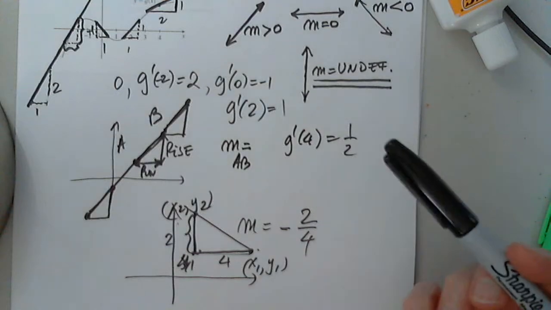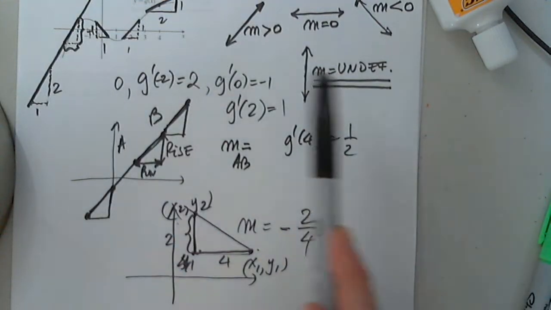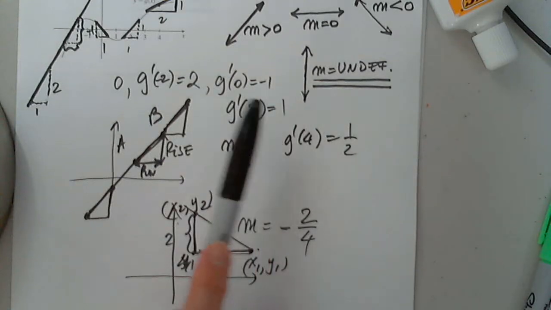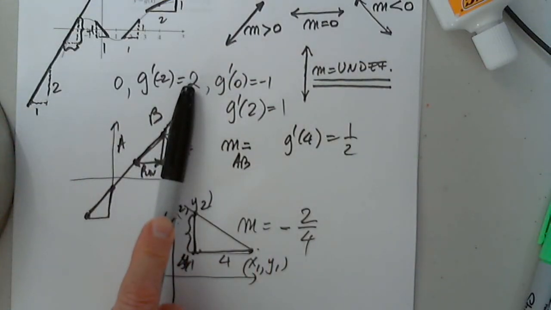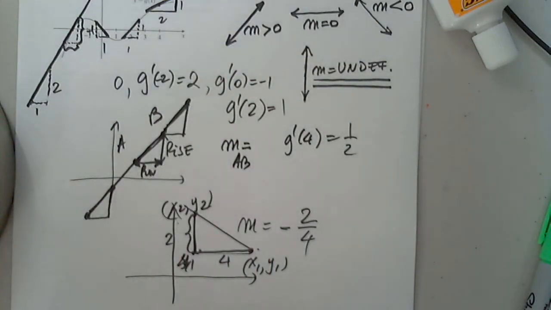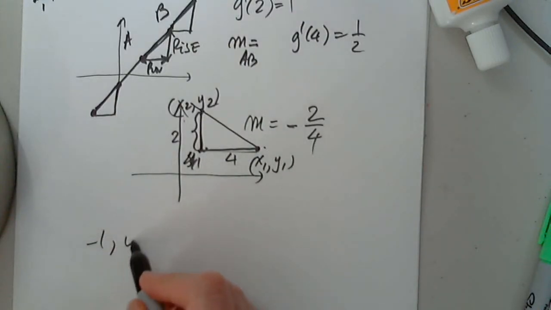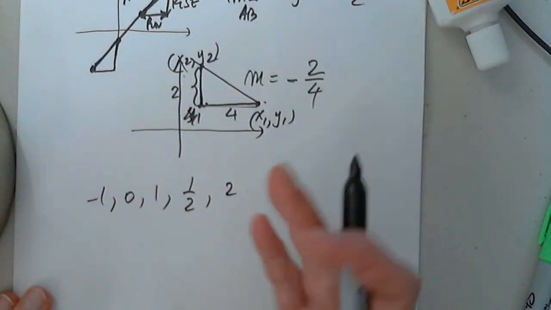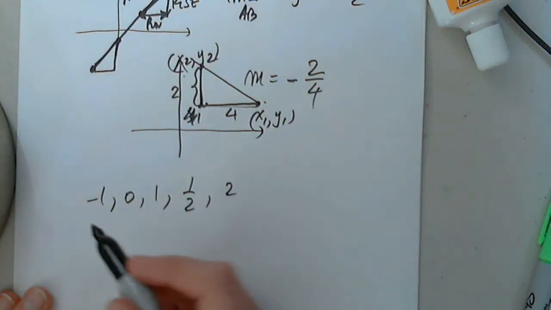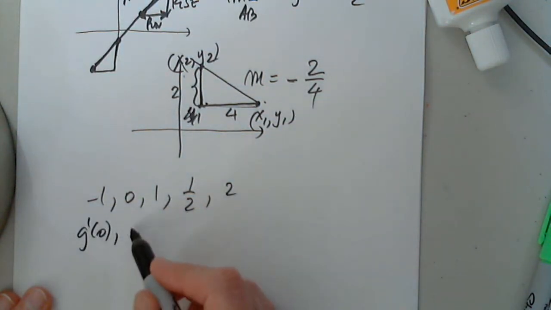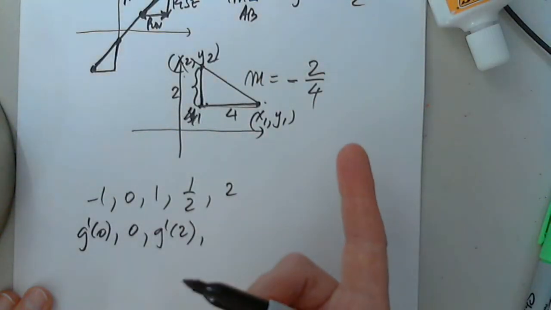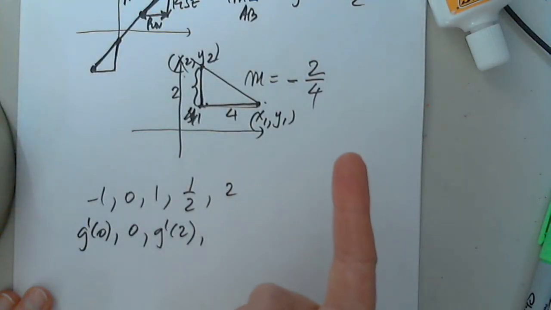So now when I want to put them in order, I will have 0. I'm sorry. I will have -1. I will have 0. I will have 1/2. I will have 1. I will have 2. So the correct order, -1, 0, 1, 1/2, and 2. But the correct order is g prime of 0, then 0, 1 was g prime of 2, and then 1/2.